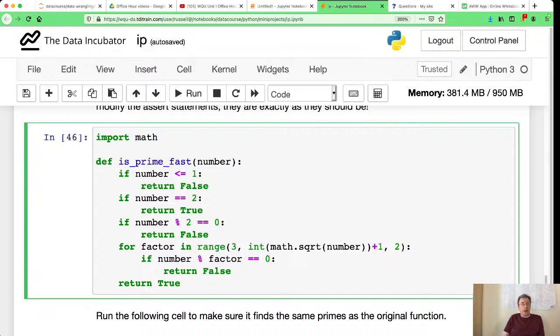We don't consider negative numbers as prime numbers either, because I could write -2 as -1 times 2, for example. So we don't consider negative numbers as being prime numbers.